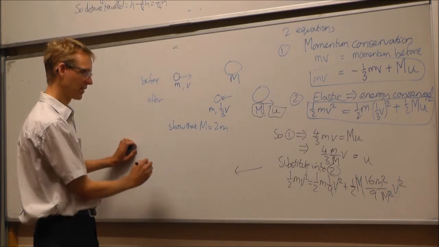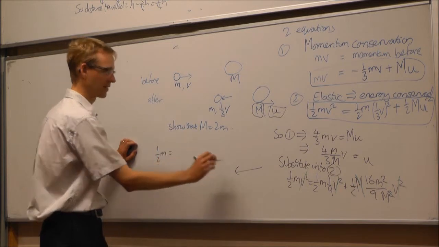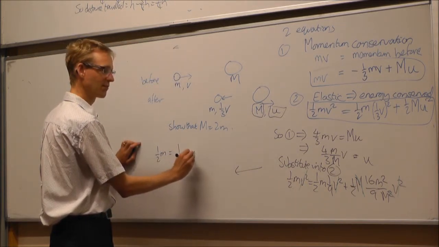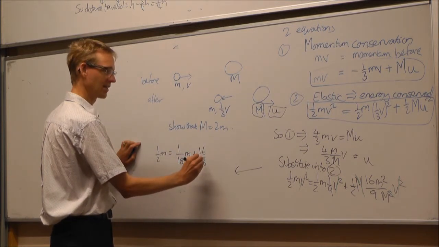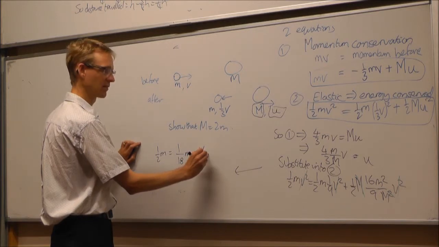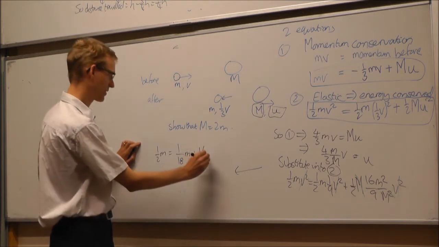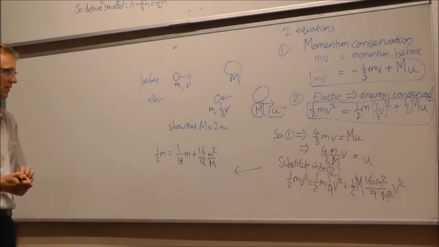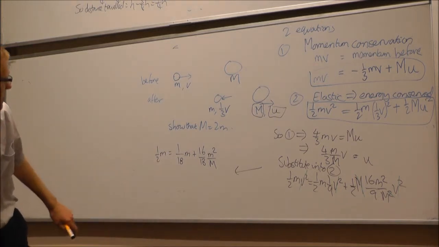So we've got half m equals an 18th of m plus 16 18ths of m squared over M. Not sure this looks right.